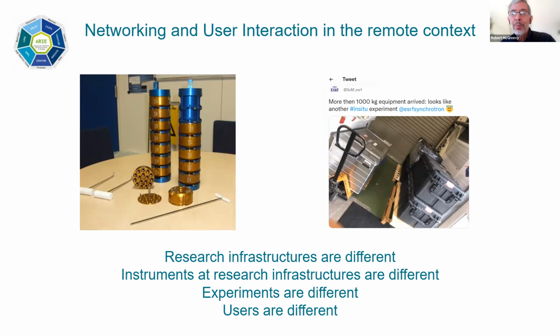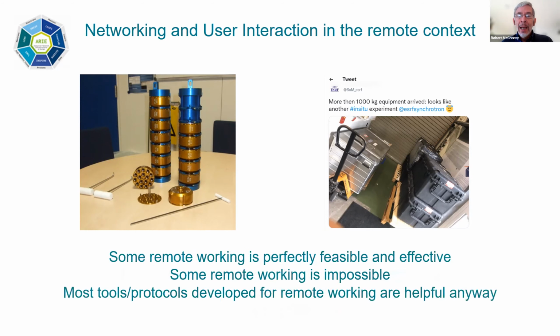The one on the left is very well adapted to remote experimentation. And of course, the conclusion will be that some remote working is perfectly feasible and highly effective and is already happening, and some remote working that people might like to do is actually impossible. But generally, most of the tools, protocols and systems you develop for remote working are very helpful, even when you don't have remote working.